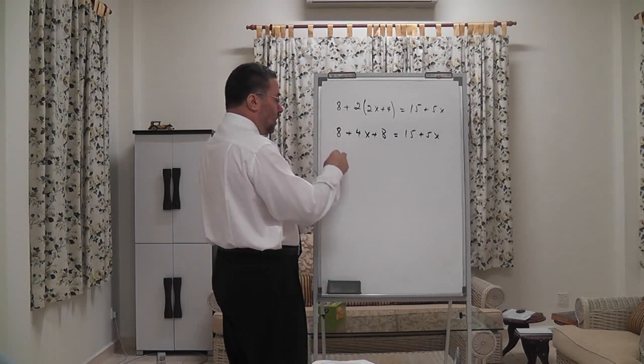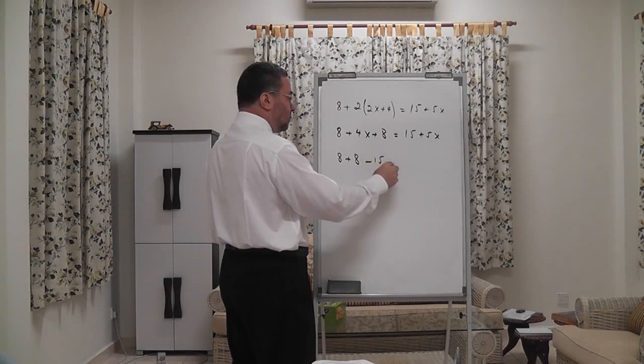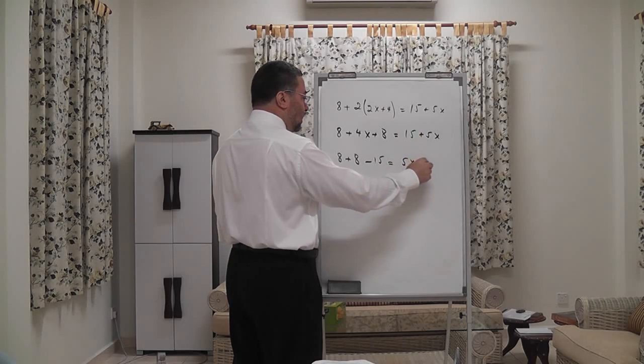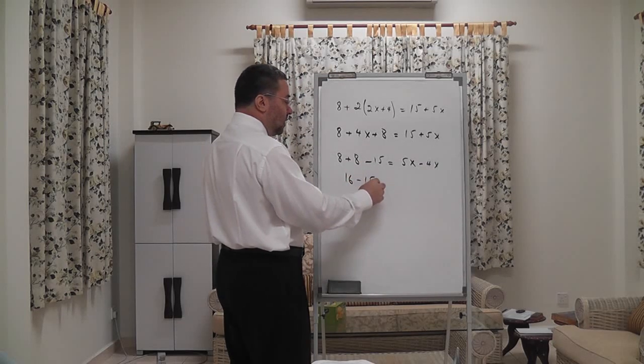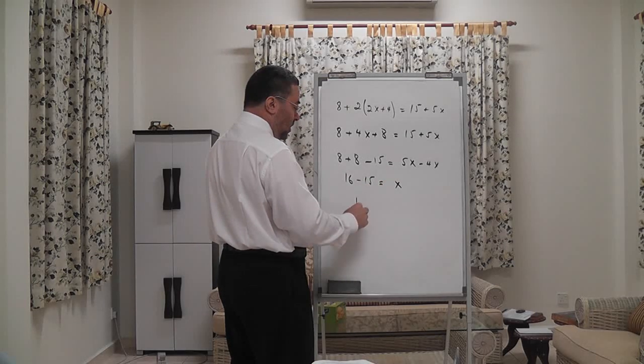Next we bring the 15 to this side and take the 4x to the other side and change the signs. Here we get 16 minus 15 equals to x, and finally we get 1 equals to x.